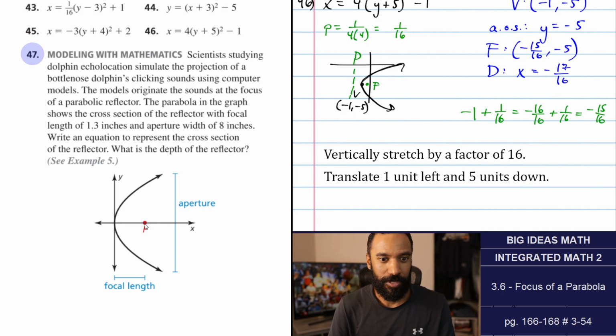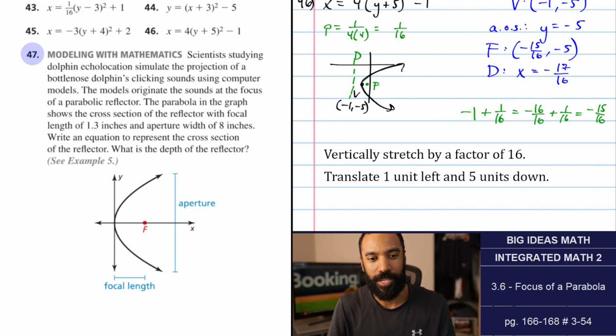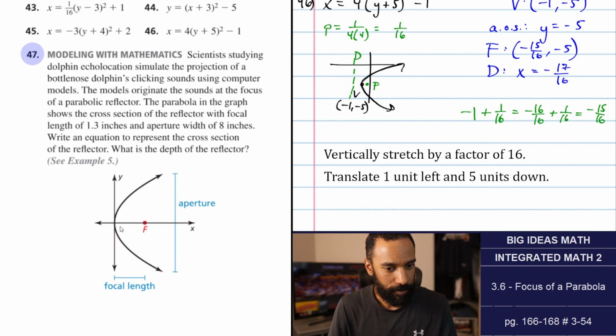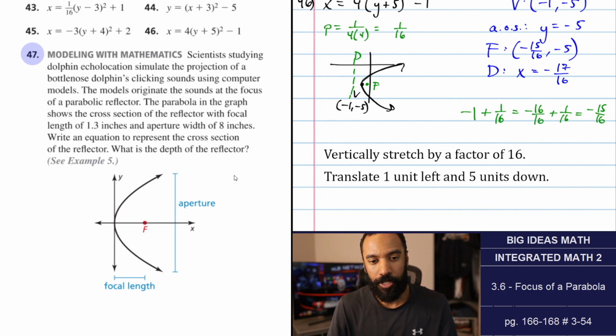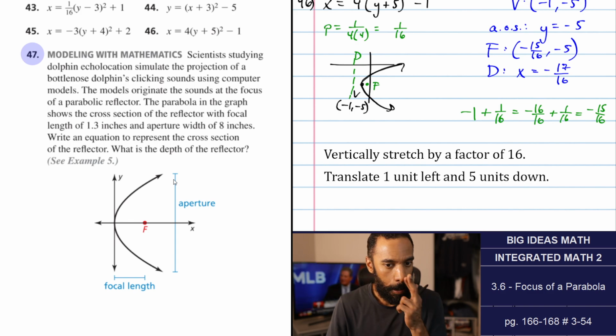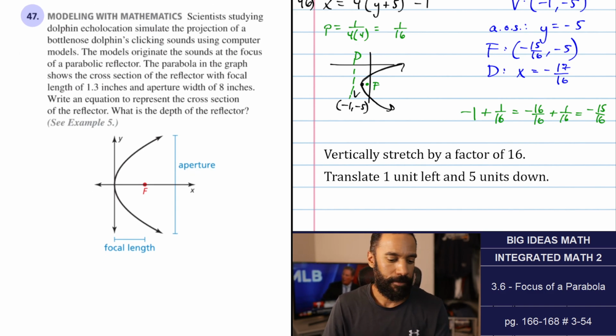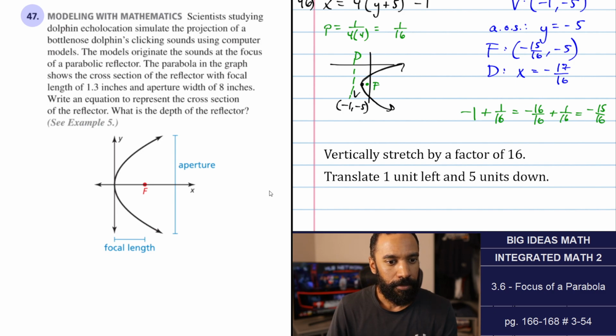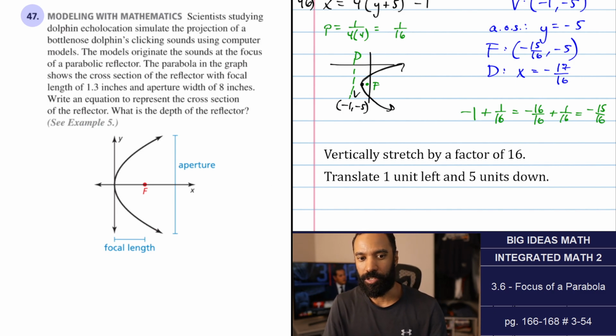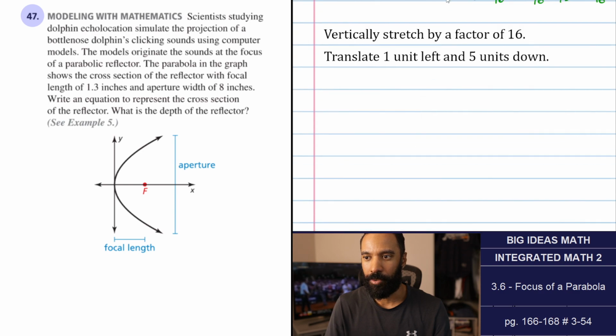The problem and the graph show the cross-section of the reflector with focal length of 1.3 inches, so I guess that's your P value, and aperture width of 8 inches. So it's this drawing, and I'm going to copy and paste that drawing just to give those measurements here. I'm going to cheat a little bit. Write an equation to represent the cross-section of the reflector. What is the depth of the reflector?